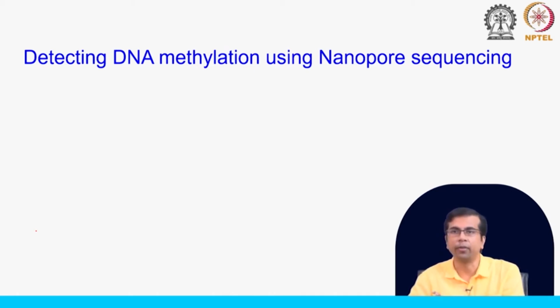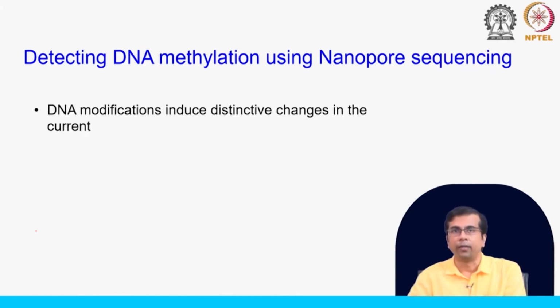We talked about this in detail in the beginning. What happens is that if you have DNA modifications, these are unique chemical signals, so they induce distinctive changes in the current. The moment you change the chemical structure, the resistance will be different, and that induces distinctive changes in the current.